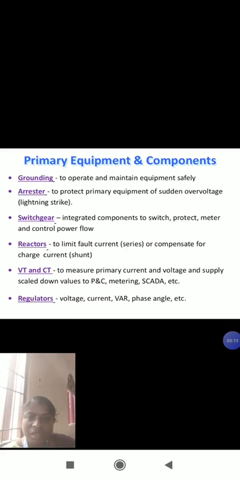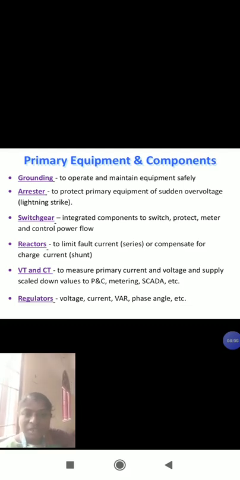So the arresters, nothing but the lightning arresters, which is used to protect the primary equipment from the sudden over voltage, that is from lightning strike, and the switchgears, integrated components to switch, protect and control the power flow, the reactors to limit the fault current, and the VT and the CT, nothing but the potential transformers and current transformers to measure the primary current and voltage and supply scaled down values to the metering and for SCADA purposes.